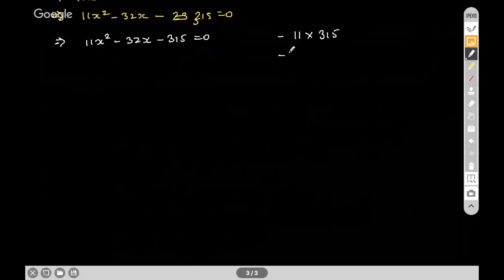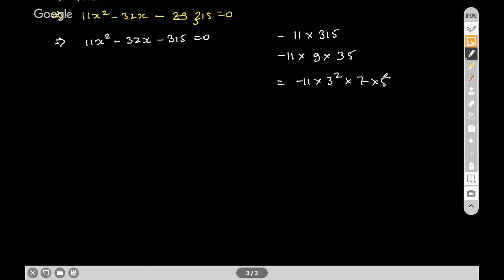How do we do it? 11 is a prime number, so let's factorize 315, which is 9 into 35. So hence it is nothing but minus 11 into 3 squared into 7 into 5. Correct?